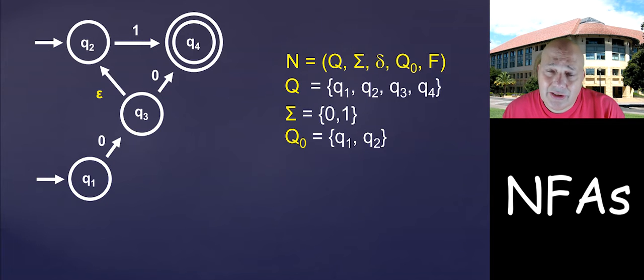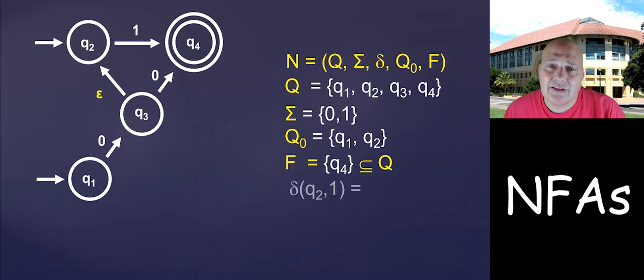Q1 is a start state and Q2 is a start state. The accept set F is Q4. So the set contains only a single accept state.